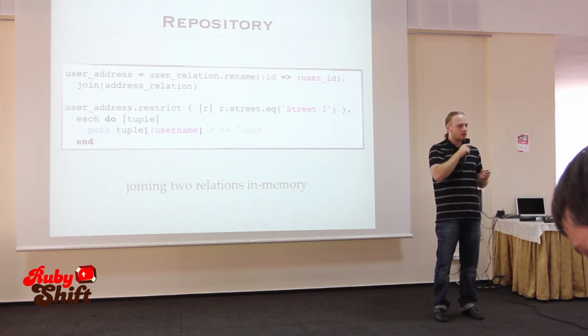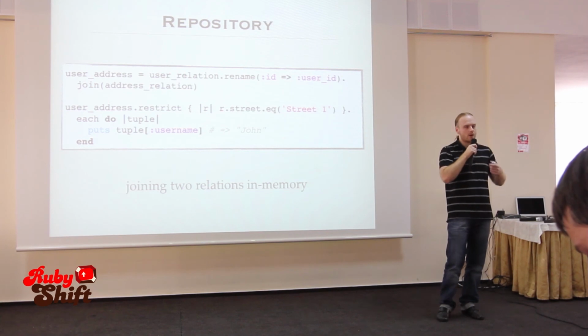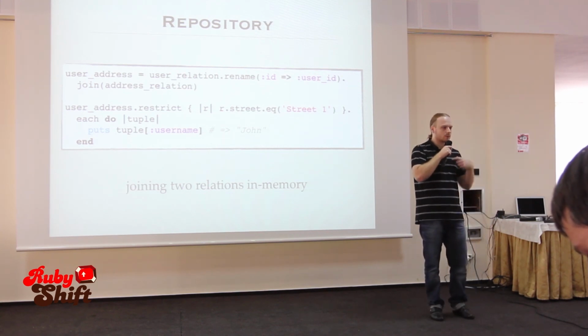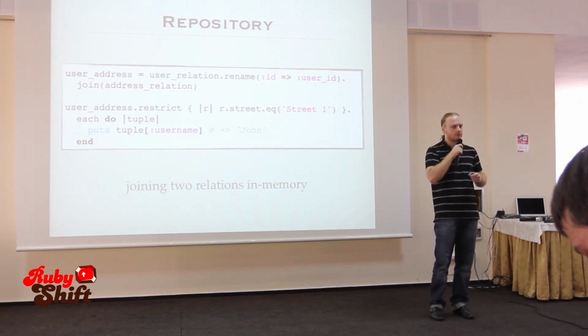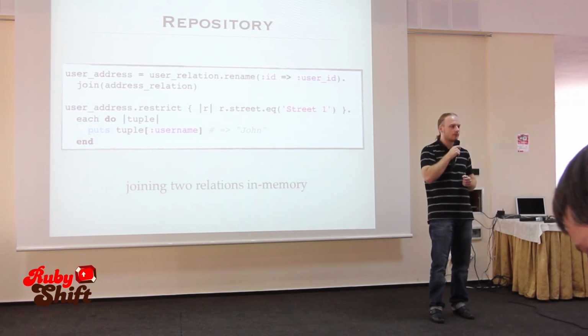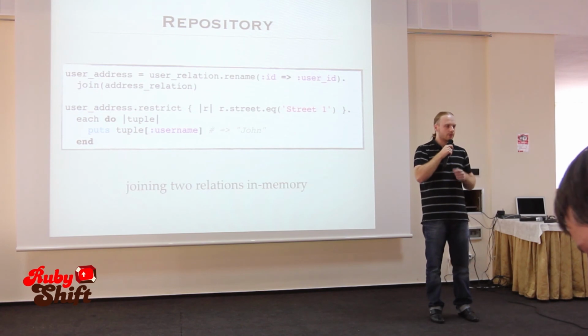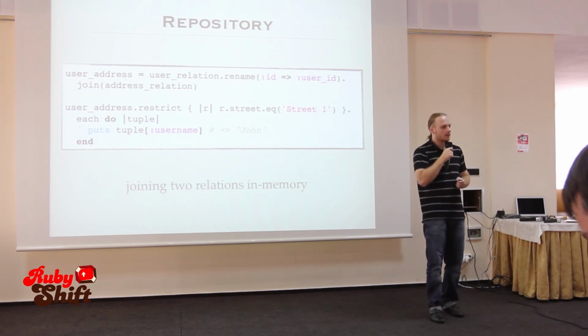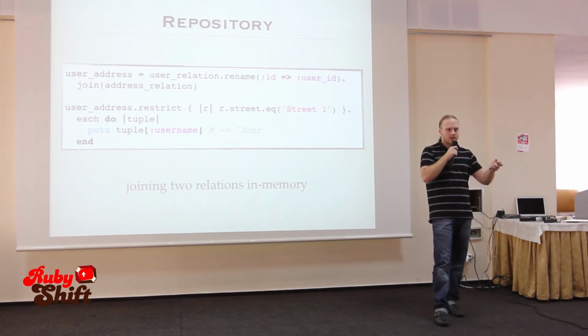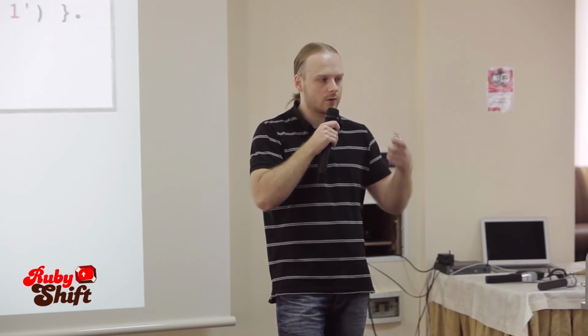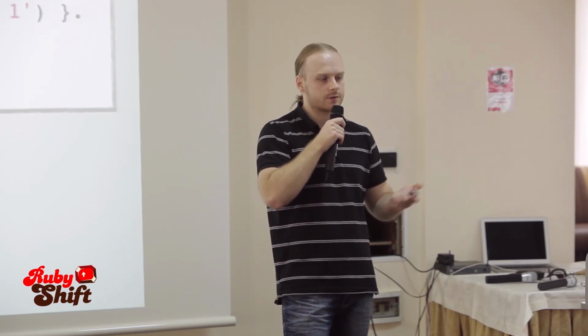The rename part is required to perform a natural join, and this is what the mapper does under the hood, but you don't have to be concerned about it if you use the mapper. But if you need to perform some super complex query, you can use the relation directly. So we created this joined relation in memory. So when we perform a restriction, it will also run in memory because we have data in memory.